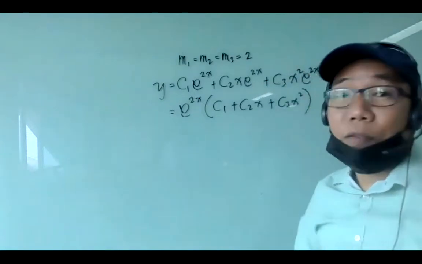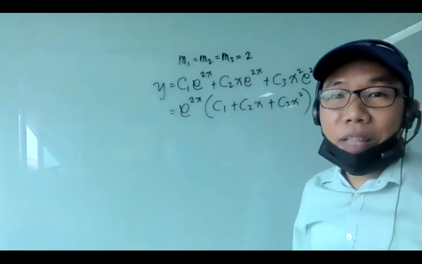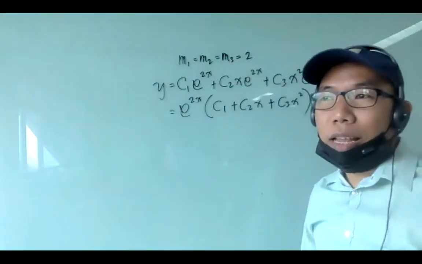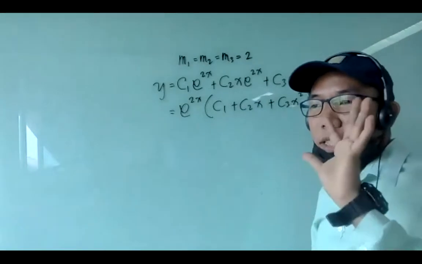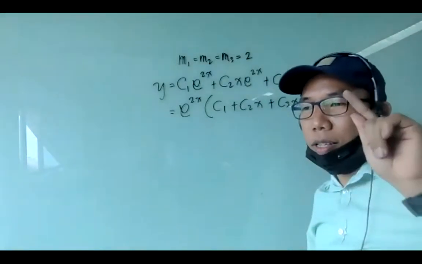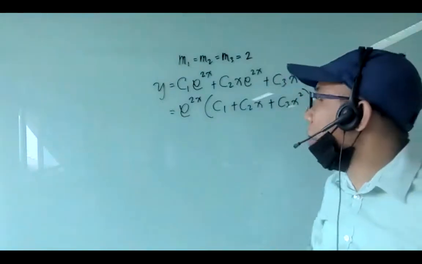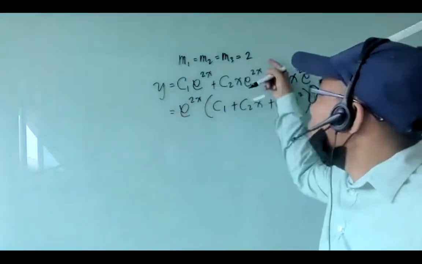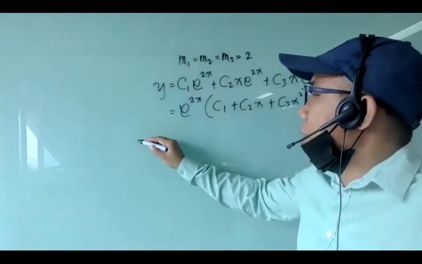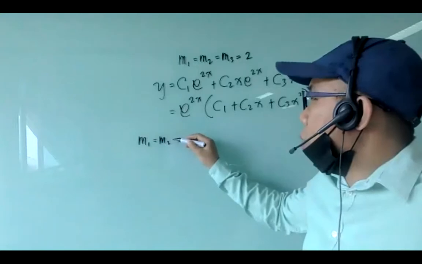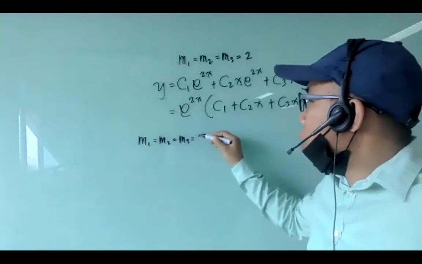Okay? Like, for example, combination of repeating tapos may distinct doon. Kunyari, 5 roots. Tatlong pareho, dalawang pareho. Yung dalawa na to magkapareho din silang dalawa. For example, m sub 1, m sub 2, m sub 3 is equal to 2.